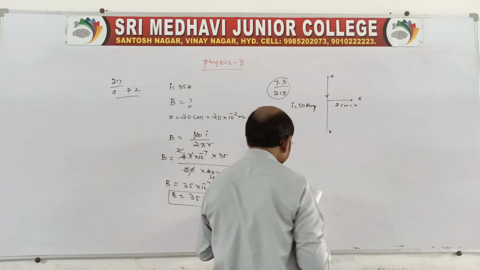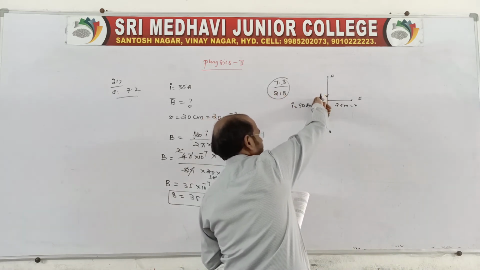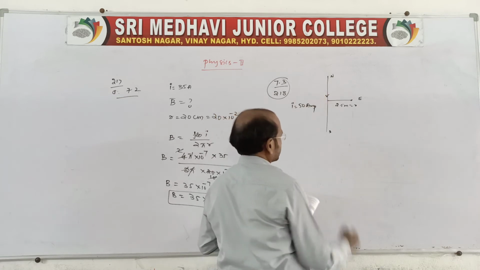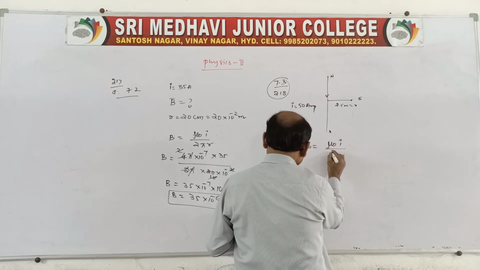According to this, we can apply the left hand Ampere's rule, where the direction is reversed. So B is equal to mu naught I by 2 pi r.